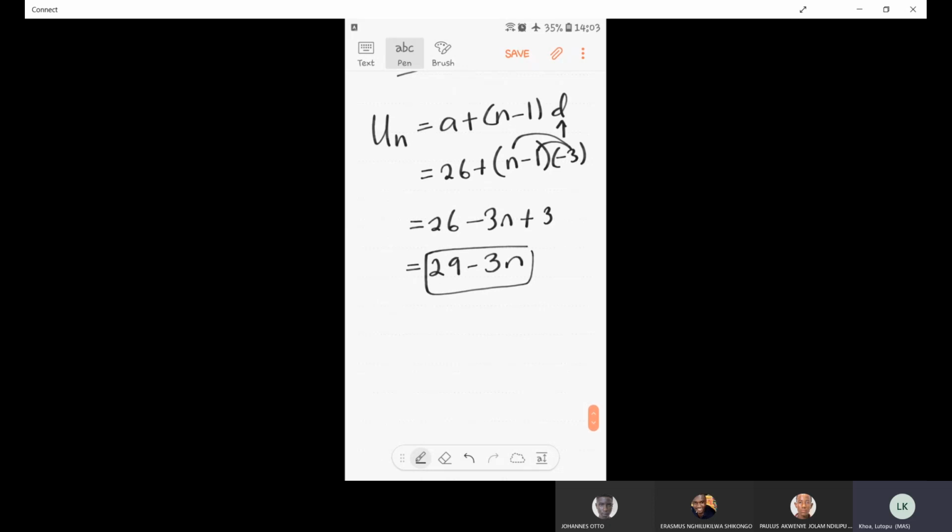This is how I'll write it. Sum n, whatever variable you put over there is the same one you put over there. So n starts at 1 and we end at 8 because there are 8 terms when I counted them. And then I put the formula here, 29 minus 3n. And that's how you would write it.